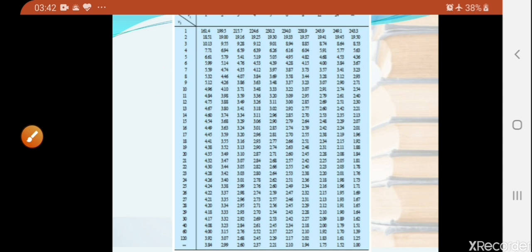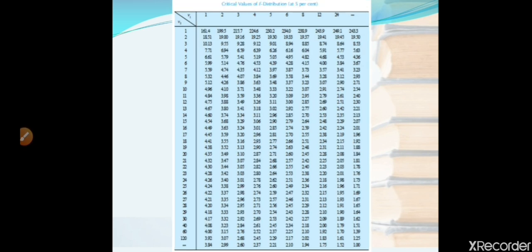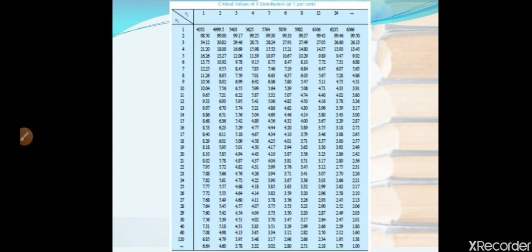A different F table exists for each level of significance. This one is for the 5% level of significance, and this one is for the 1% level of significance.